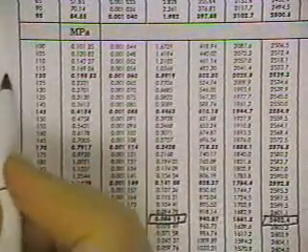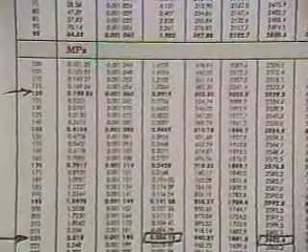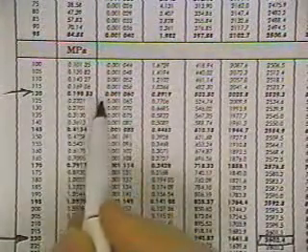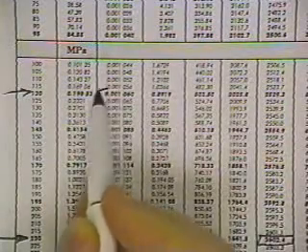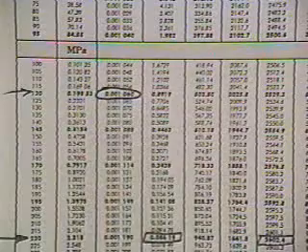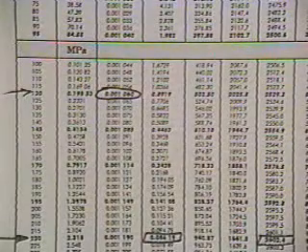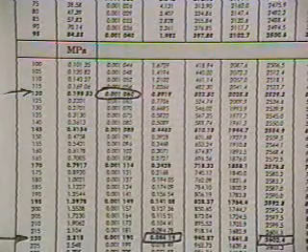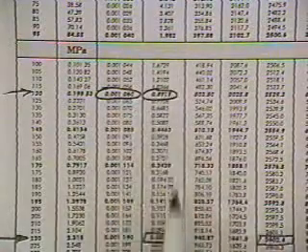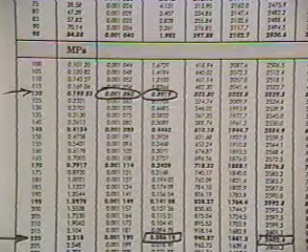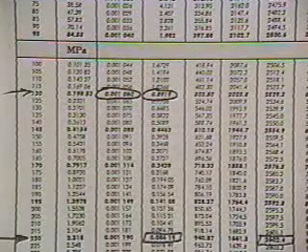Now we're going to drop down to 120 degrees C, and at 120 degrees C we can look up the conditions for saturated liquid. The specific volume here is 0.00106, and for the saturated vapor conditions we pick out 0.8919.